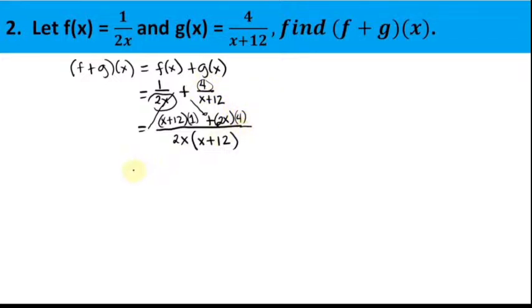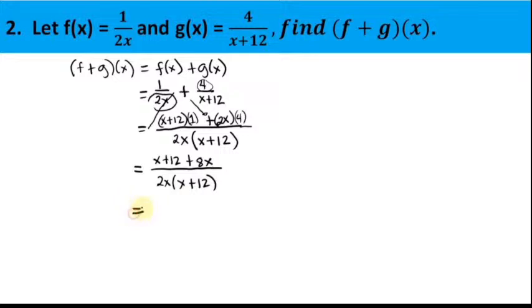Then simplify. So we have x plus 12 times 1, so that is x plus 12, plus 2x times 4, that is 8x, over 2x times x plus 12.